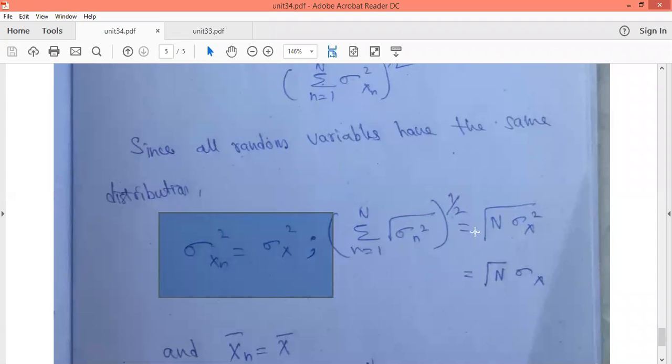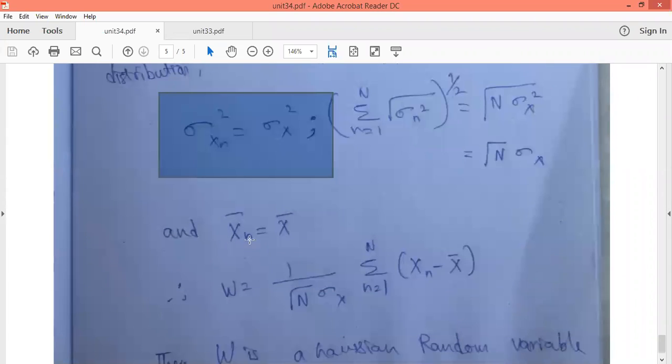So it can be written as the square root of summation n is equal to 1 to n sigma xn square. Since all the random variables have the same distribution, we are adding them all; instead of taking separate terms, we take only one term. So that is equal to the square root of n sigma x square, because we are adding this n times. So it is the square root of n sigma x square, that is, square root of n times sigma x.